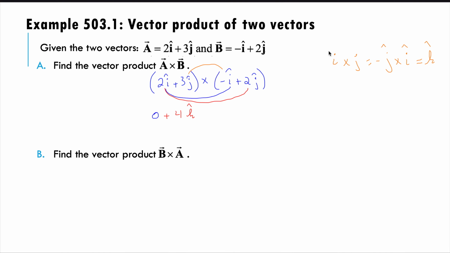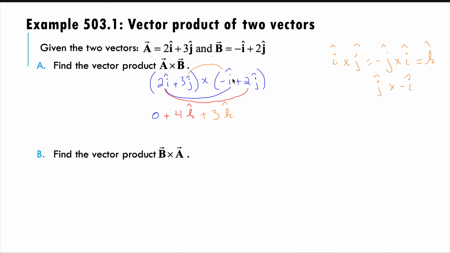And if you have negative j cross i or a j cross negative i, those are equivalent because you can bring the negative sign to the front. So 3j cross negative i will give us 3, and the j cross negative i gives us the positive k direction.